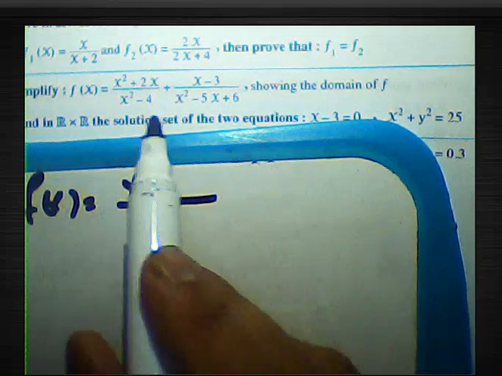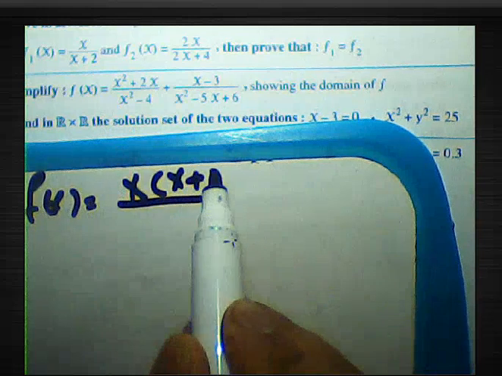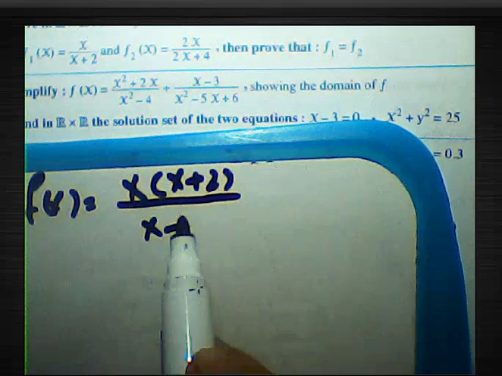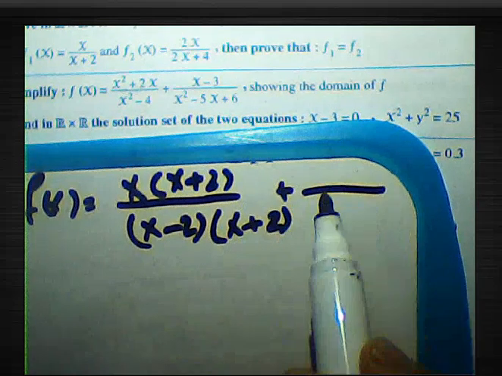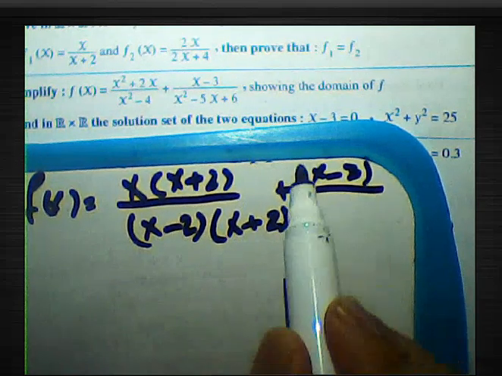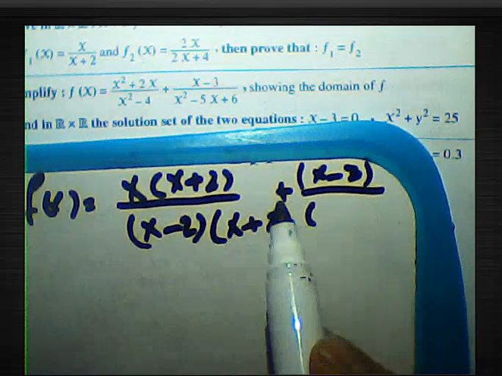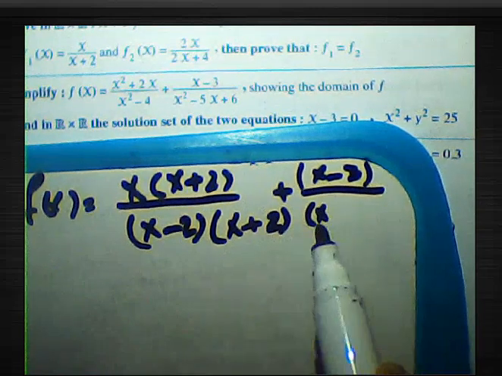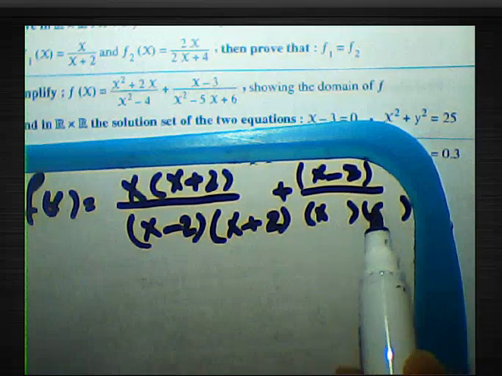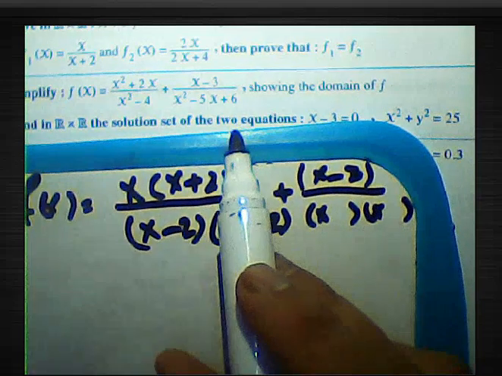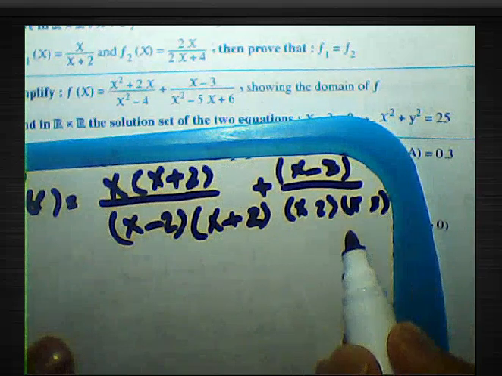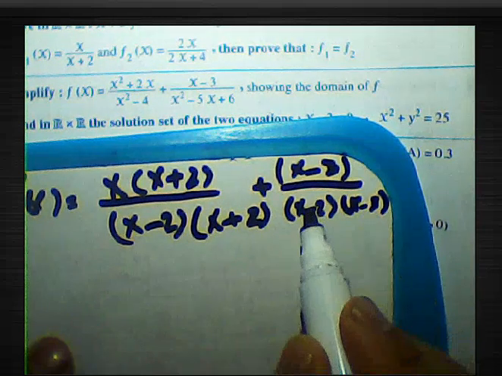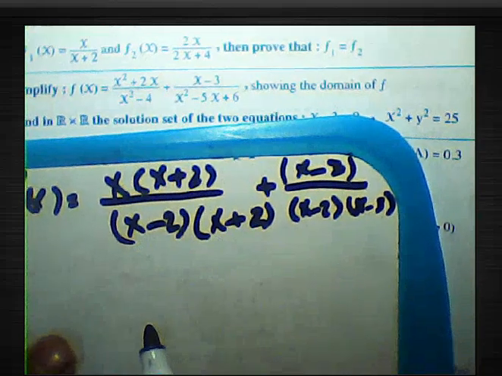In x power 2 plus 2x, we can write x outside as a common factor, the result will be x times x plus 2. The denominator is x minus 2 times x plus 2, plus x minus 3. And the denominator here we can factorize: it will be x and x, and two numbers whose product is 6, 2 and 3, and the sign here will be negative, such that the sign in the middle is negative.